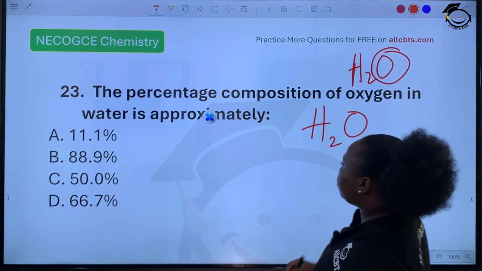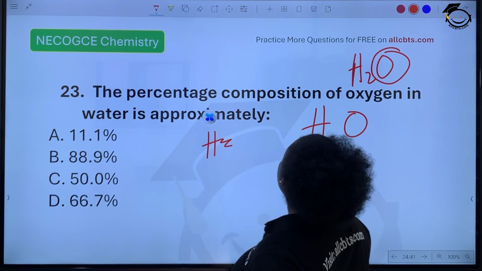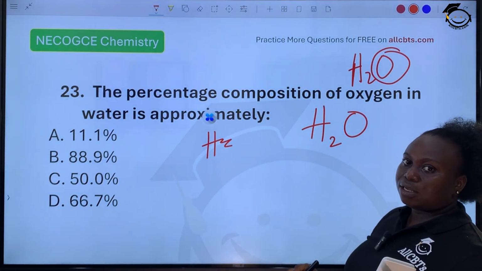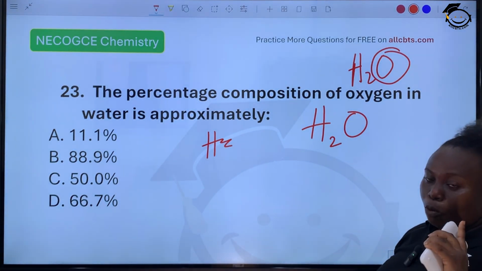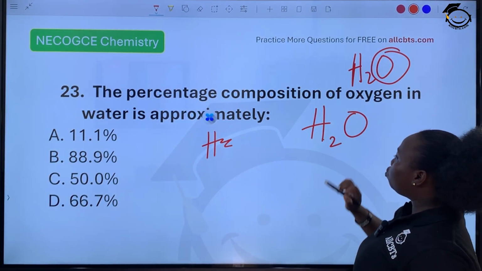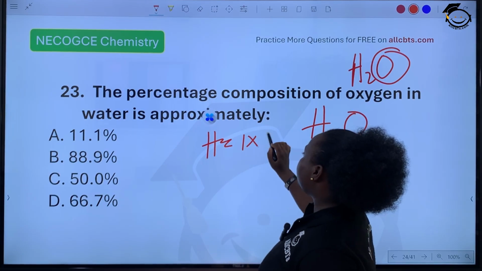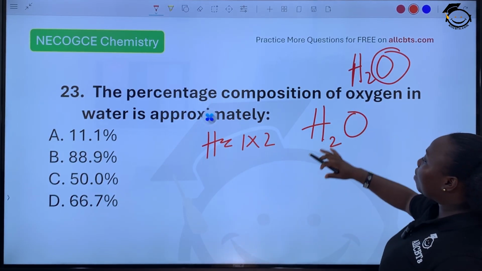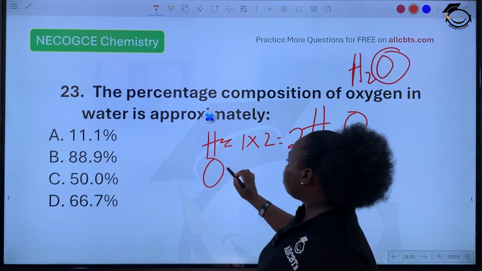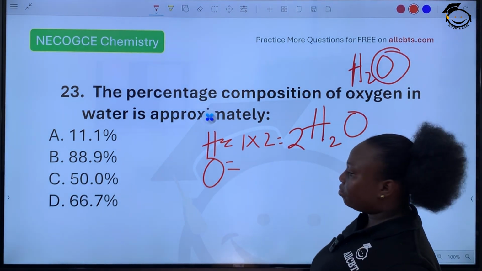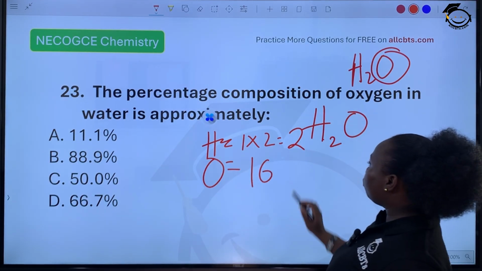Let's calculate for H. The atomic mass of hydrogen is just 1. Then it will be 1 times 2, because H2 means you multiply 1 by 2. That's 2. Now for oxygen it is 16, so it's just 16 alone.